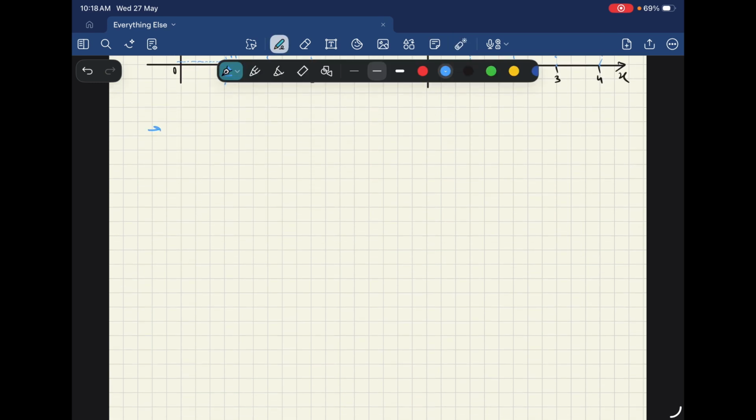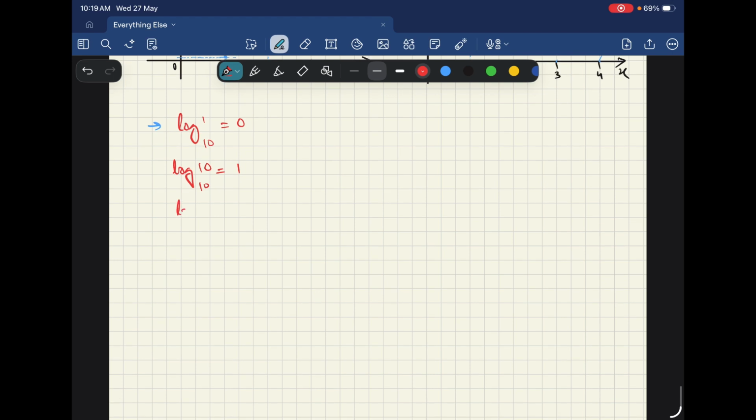So again, what is log of 1 base 10? That's 0. What is log of 10 base 10? 1. What is log of 100 base 10? 2. Similarly, what is log of 1 followed by 18 zeros with base 10?